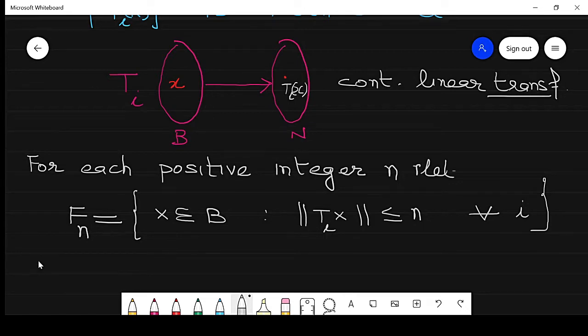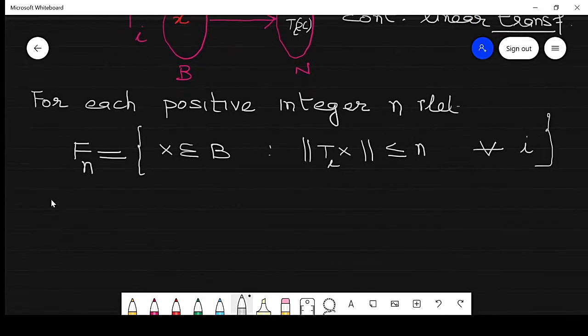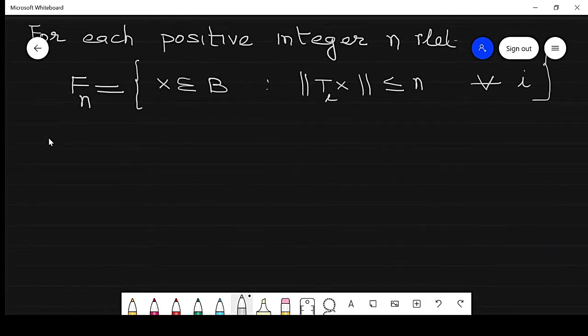Now clearly Fn is a closed set, since it satisfies the less-than-or-equal inequality. But I would like to prove that this is a closed set.